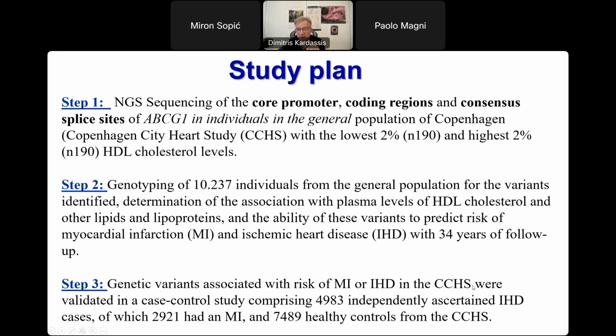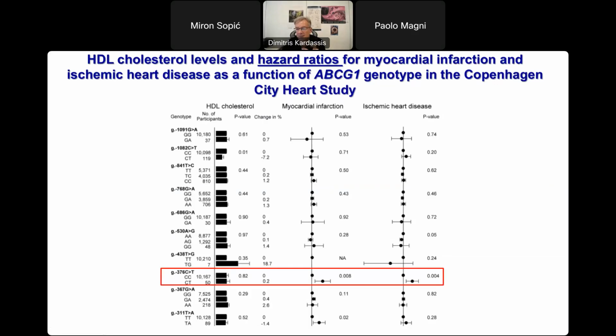So 3 steps to find genetic variants that can predict ischemic heart disease, but variants in the regulatory regions, not in the coding regions. So the focus of this paper was on the regulatory regions of the genes. We're not talking about mutations in the protein. We're talking about mutations that affect the regulation of this gene.